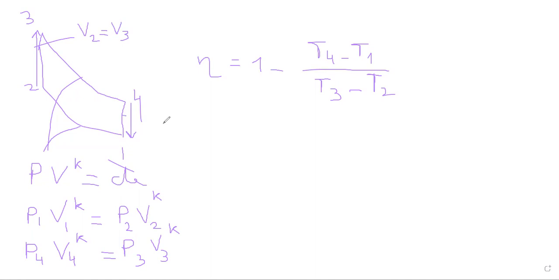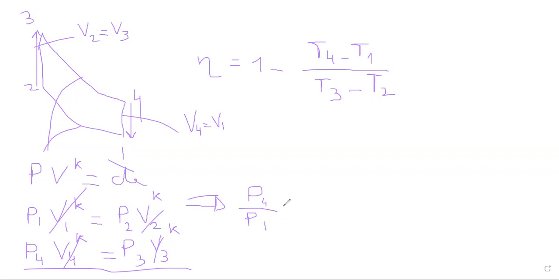And also from 4 to 1, V4 is equal to V1. So if we divide terms here, we can simplify V1^K, V4^K that are equal, and V2^K, V3^K. We deduce that the ratio of pressures P4 over P1 is equal to the ratio P3 over P2.